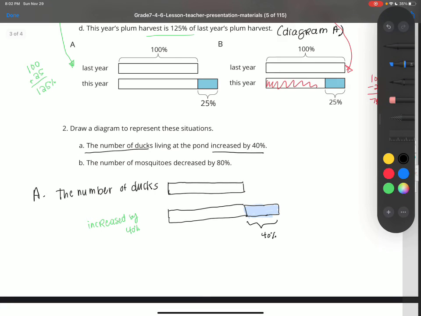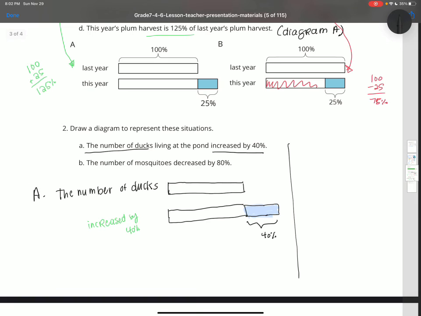Now I'm going to do part B, which is the number of mosquitoes decreased by 80%. So we're going to let the first original amount be the number of mosquitoes, and we're going to draw a tape diagram.